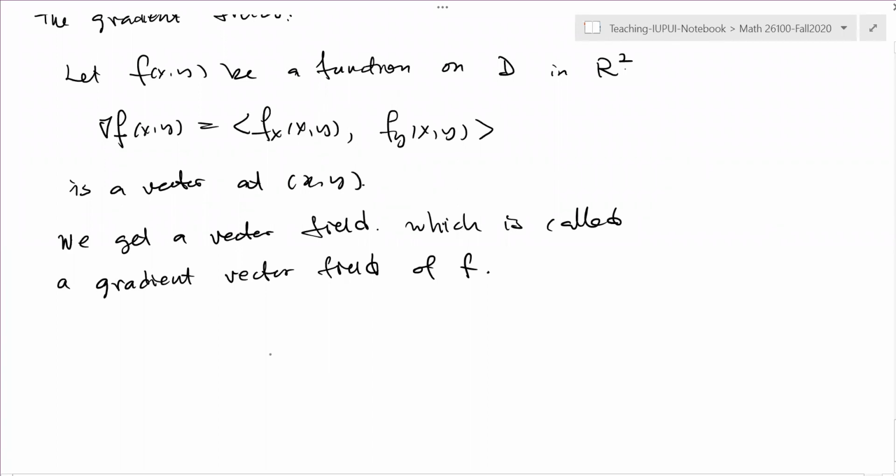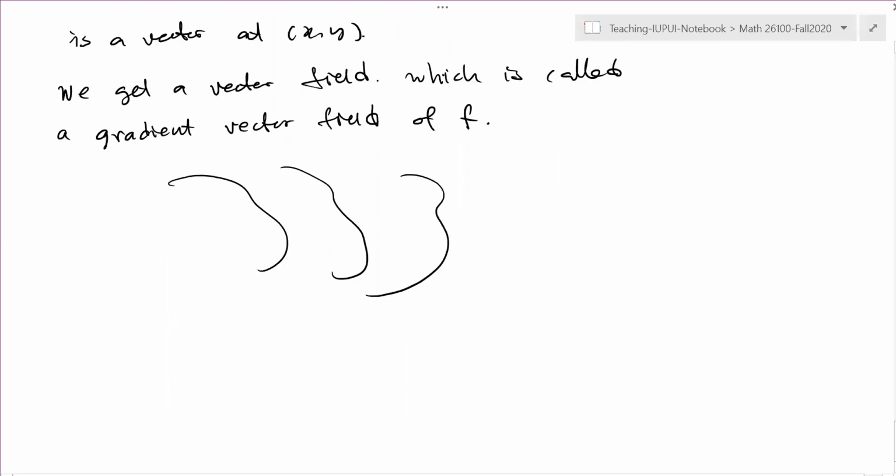Think about the level curves of the function f(x, y) = k. The gradient of f is going to be a normal vector, perpendicular to the tangent line to the level curve. So it's easy to describe.